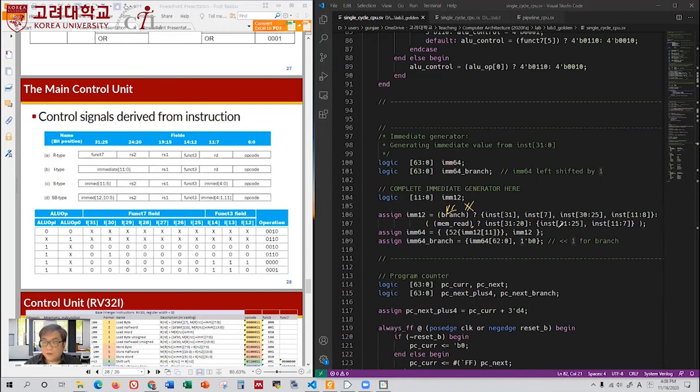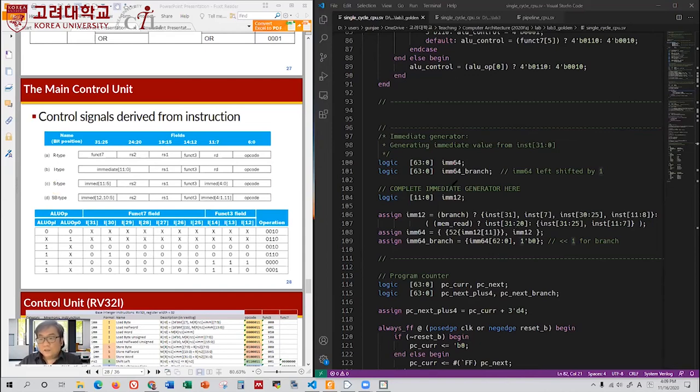Also, if not, this is the S type, so the 12-bit immediate value is determined like this. And then we extend this 12-bit immediate value to 64-bit signals. And for the branch instruction, we need to shift this 64-bit immediate value to the left. Okay, it's also simple.